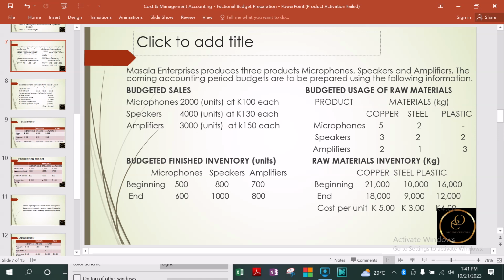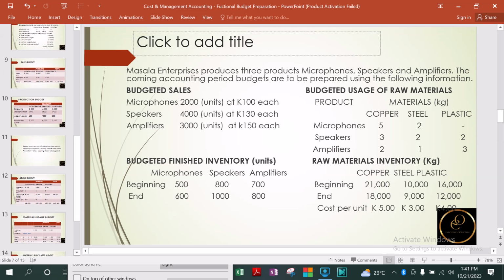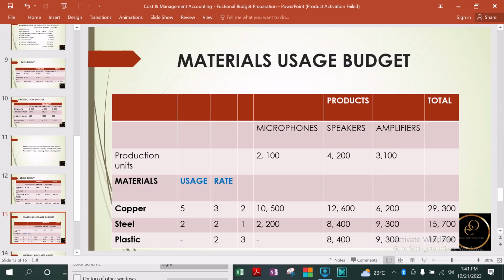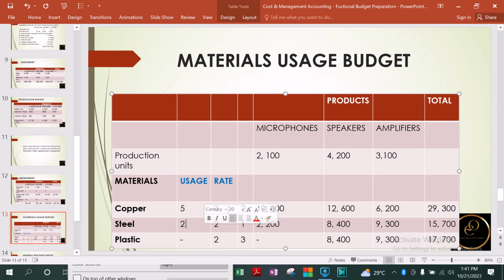So it's 2, 2, 1. So microphone, speakers, and amplifiers is 2, 2, 1. 2 kgs for 1 unit of microphone, 2 kg for 1 unit of speaker, 1 kg for 1 unit of amplifier. So we go to plastics.